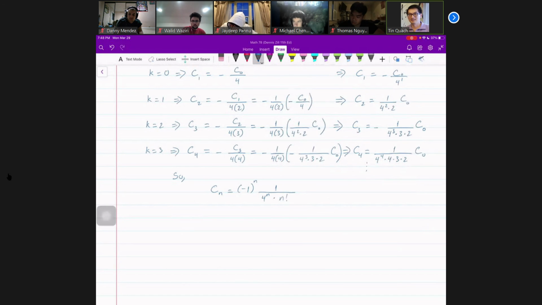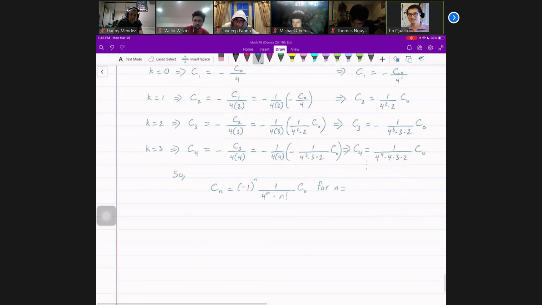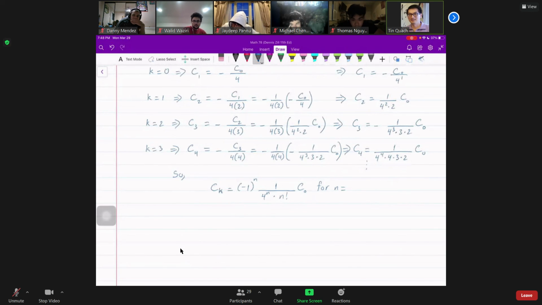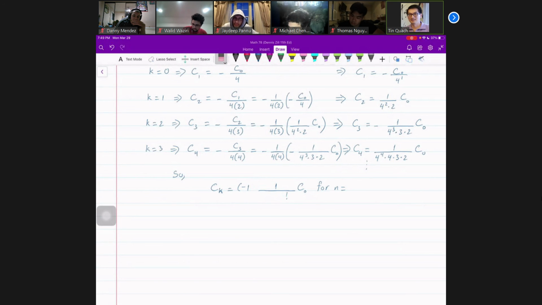And then c naught. So for n, let's double check, okay? You can use c sub k or c sub n, it doesn't matter. Let's use k, because we've been working with k for this one.